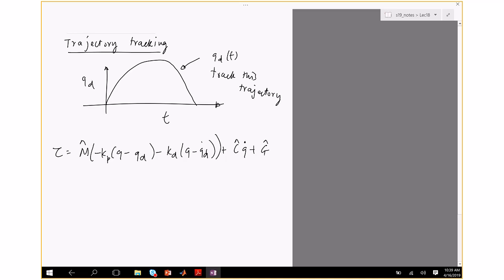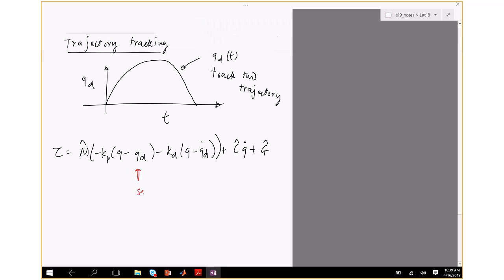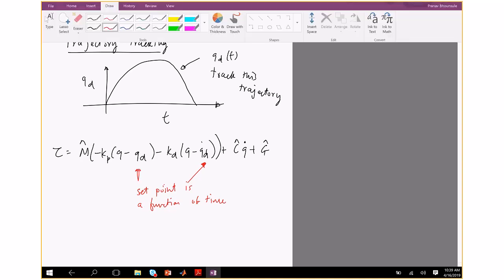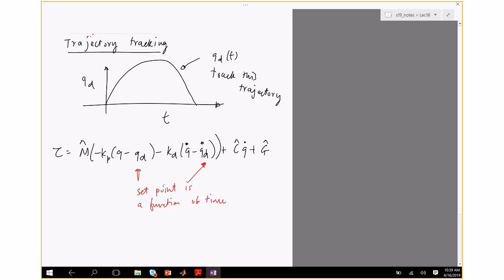So this is the modification. The set point is a function of time, and you're also setting the velocity. There's a mistake here; this should be q dot, q dot. So you know q, so you know q dot, and you can track a trajectory this way.